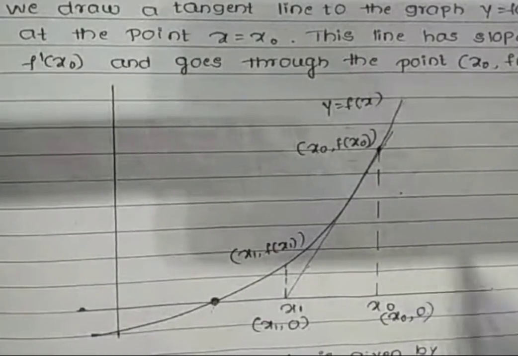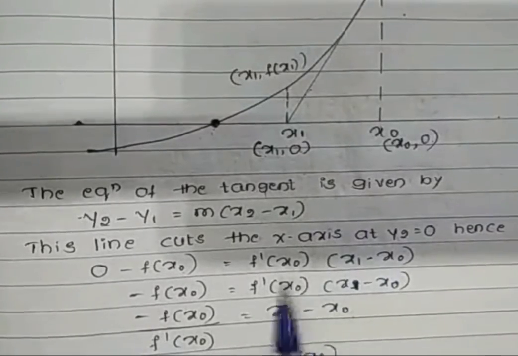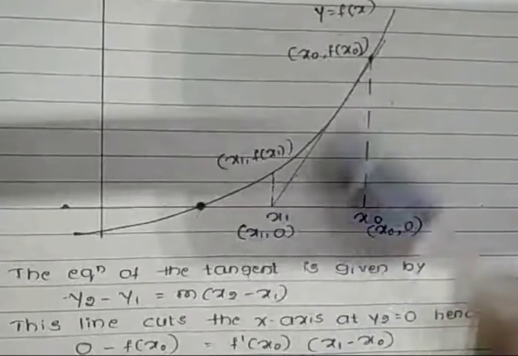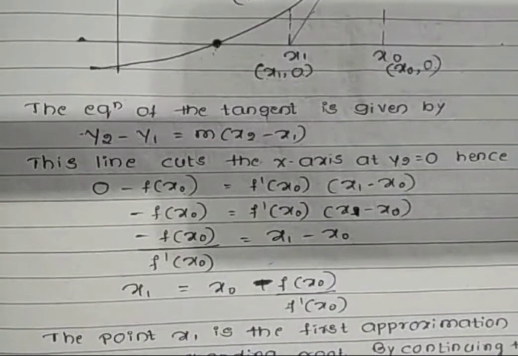You need to understand this diagram and remember the tangent line equation. In that, replace these 2 points' values and the remaining is just rearrangement of the terms. So when we are solving by the Newton-Raphson method, we need to remember this particular formula to calculate the first approximation, second approximation, and so on, the further approximate values.